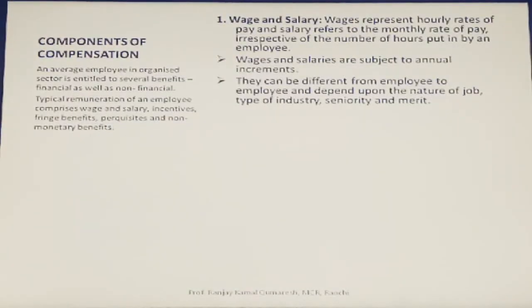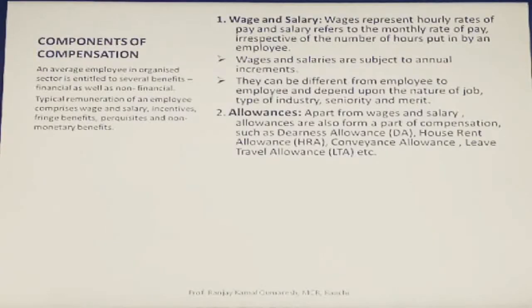They differ from employee to employee and depend upon the nature of the job, type of industry, seniority and merit. Allowances: apart from wages and salary, allowances also form a part of compensation, such as TA allowance, house rent allowance, conveyance allowance, and leave travel allowance, that we also call LTA, etc.